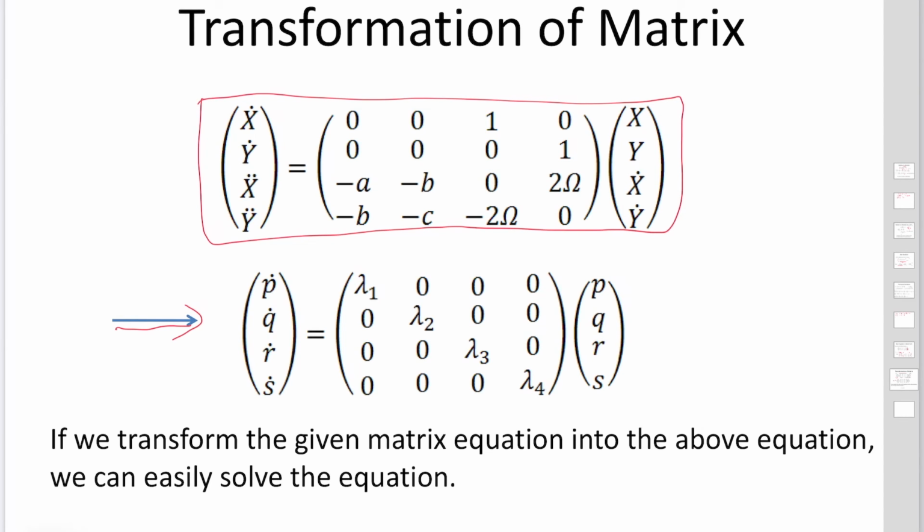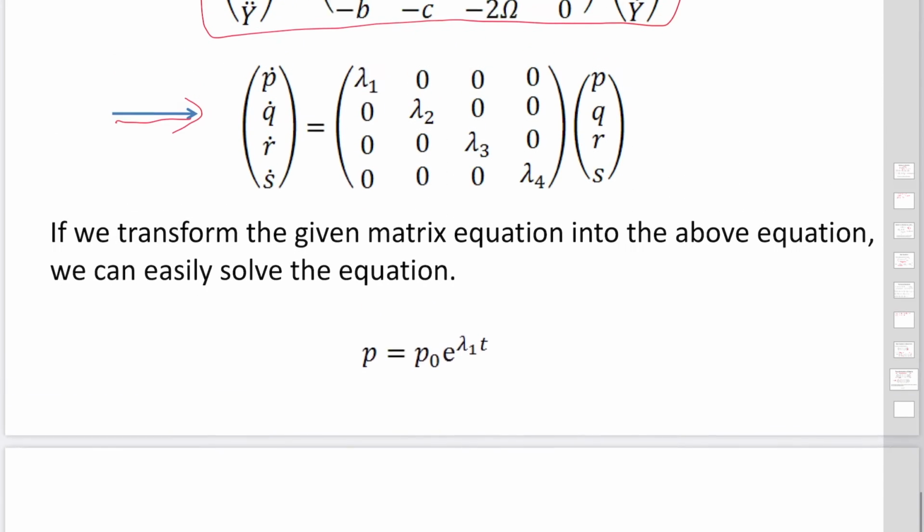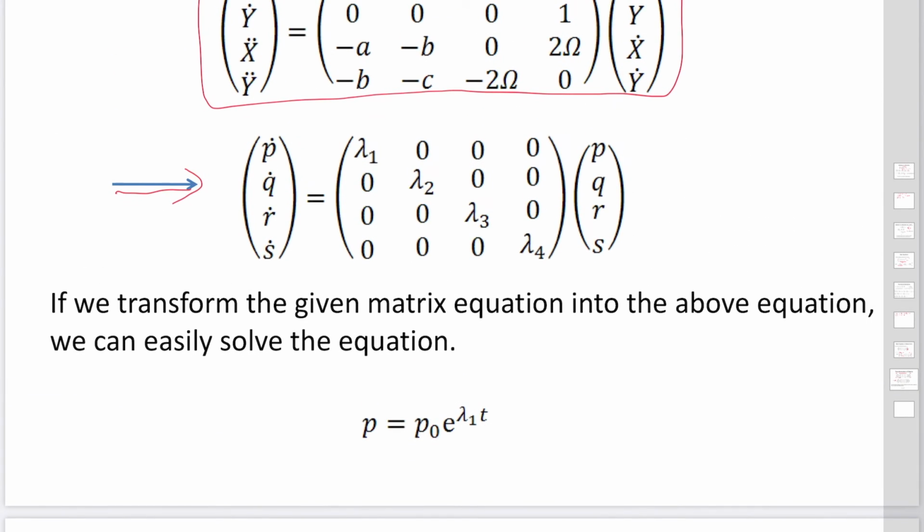Then actually we have four equations. From these we have P dot equal lambda sub 1 P, Q dot equal lambda sub 2 Q, R dot equal lambda sub 3 R, S dot equal lambda sub 4 S. So the equations become independent of each other.